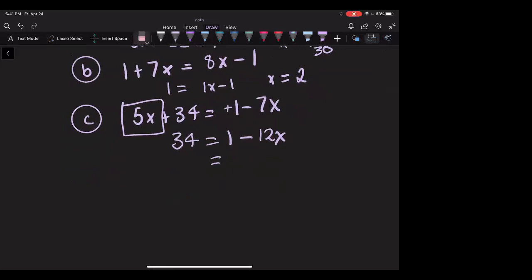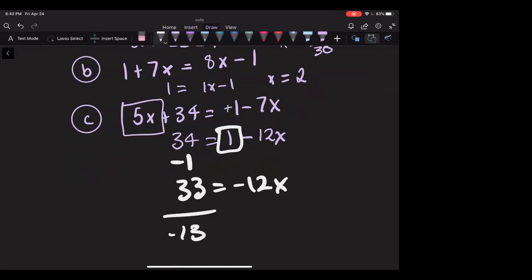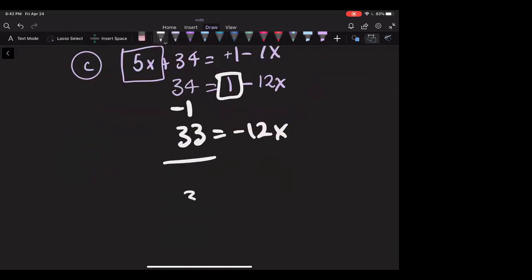Okay, hold up. So this is positive 1. What's the opposite of positive 1? Negative 1. So negative 12 over 33. Other way around. Oh, 33 over negative 12. Yes.